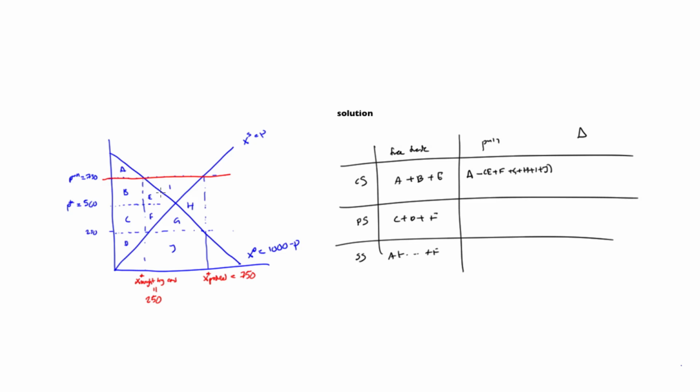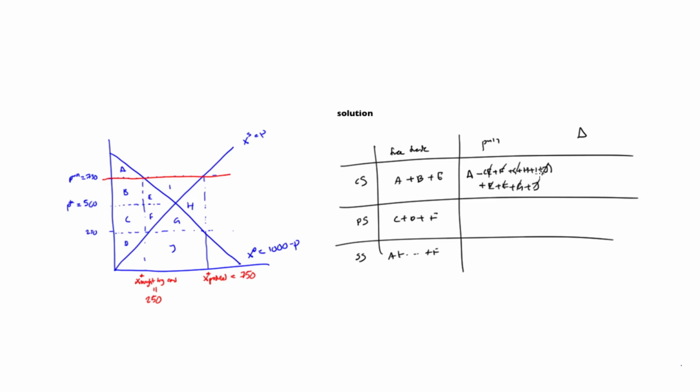So they get a benefit of E plus F plus G plus J. So this cancels, this cancels, this cancels, and this cancels.